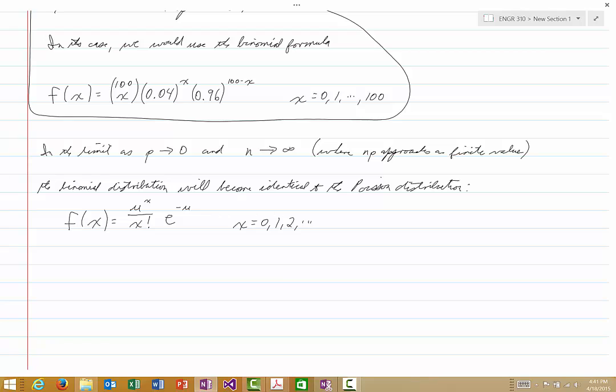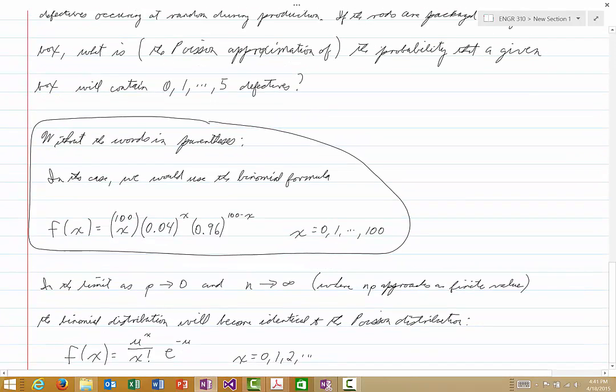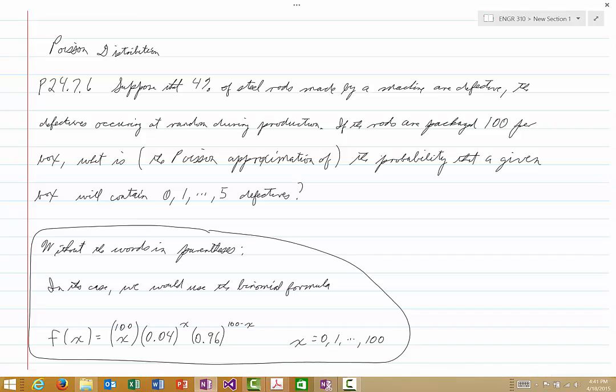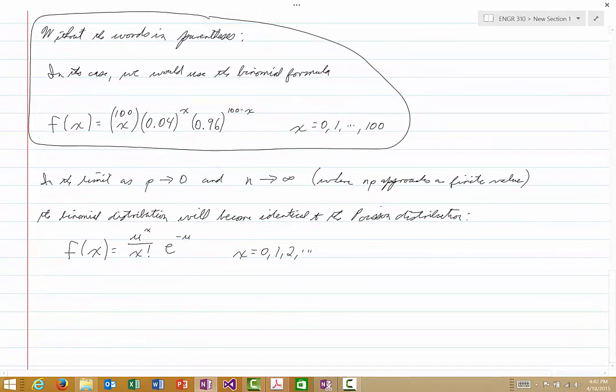Now, what is mu? Well, mu is the average, the mean value that you would obtain, and of course, if 4% of steel rods are defective, and we have 100 per box, then the average number of defectives per box would be 4% of 100, or 4.